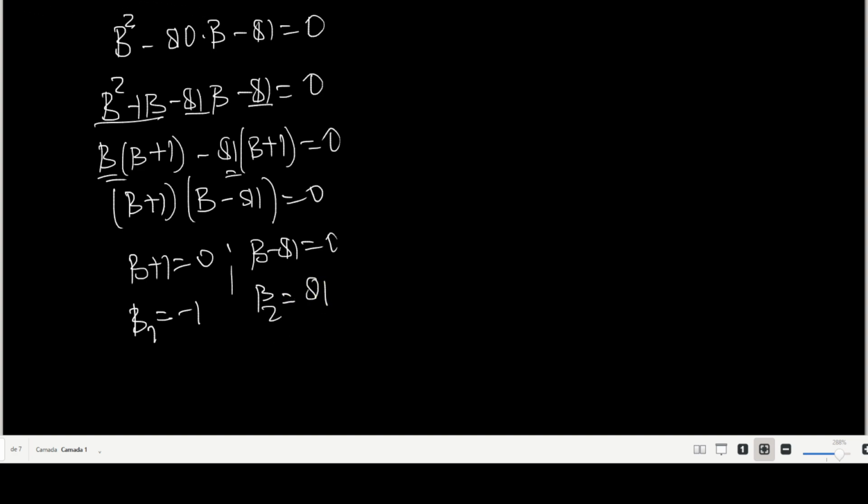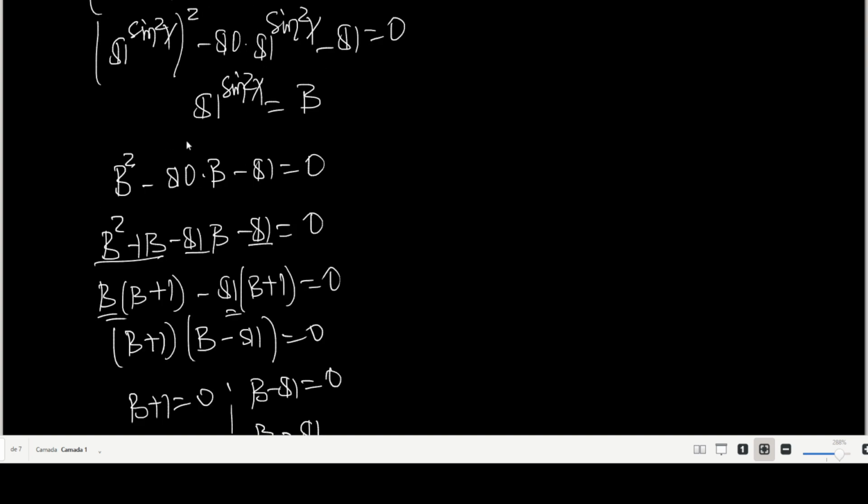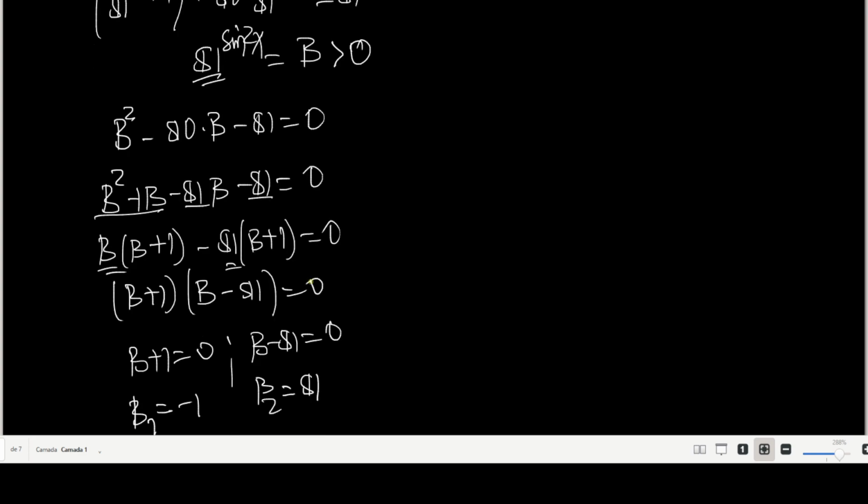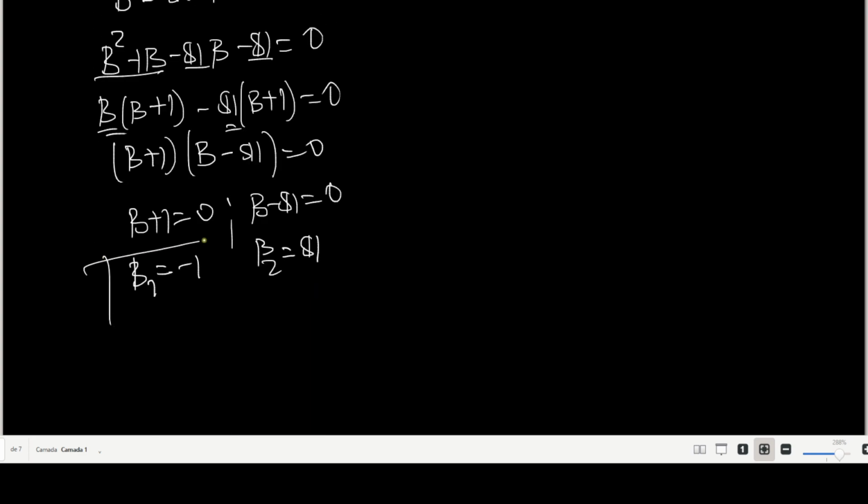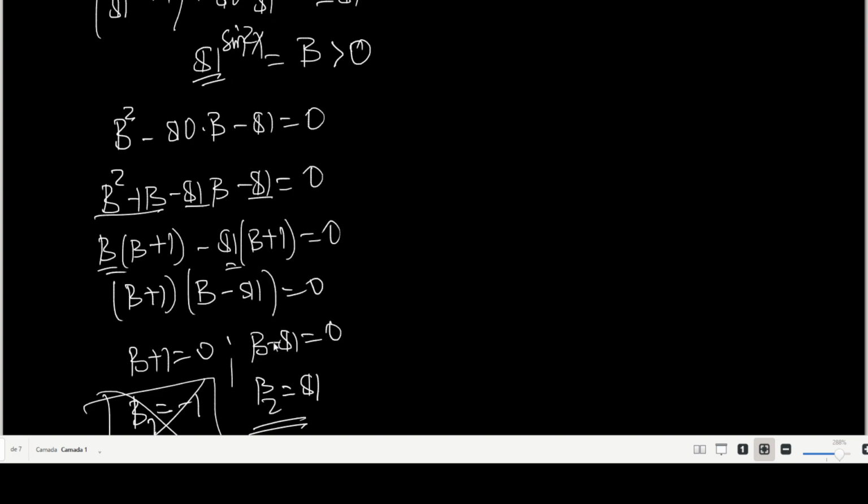But guys, remember from our substitution, 81 to sin square of x, no matter the value of x we put here, this is always going to be positive. It means b is always greater than 0, so we reject this solution. We keep only b2 equals 81.